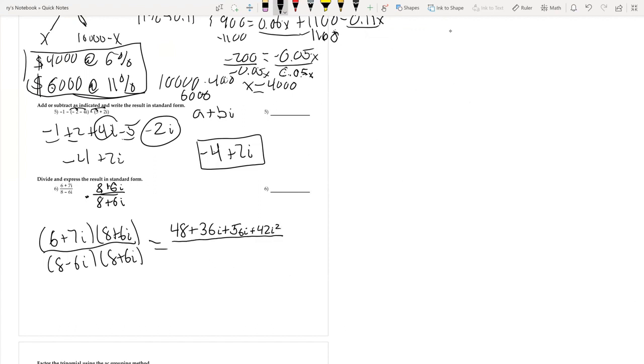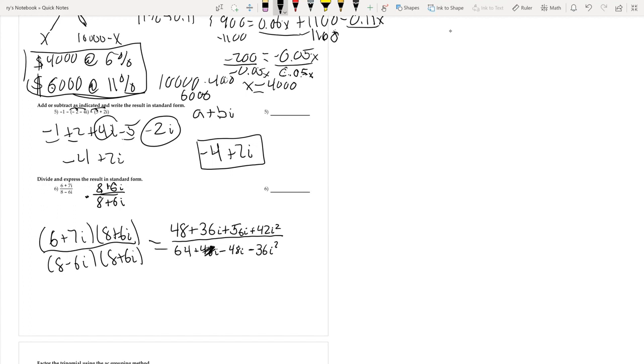That's going to be all over 64 plus 48i minus 48i minus 36i squared.